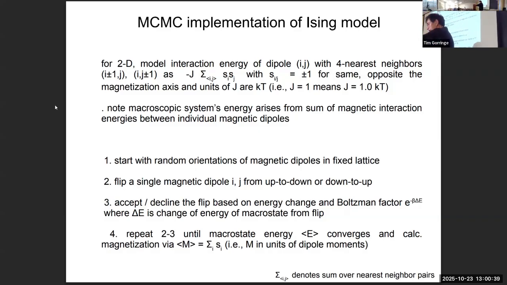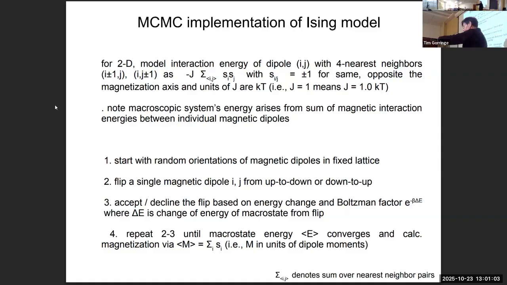So imagine, as an example, a chessboard, right? And each square on the chessboard is a magnetic dipole. Supposing I pick one of the squares on the chessboard, I'm going to consider it as having 4 nearest neighbors. So no, I'm not going to include the diagonals.